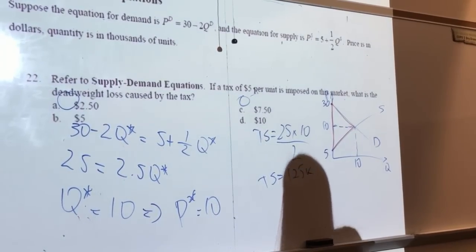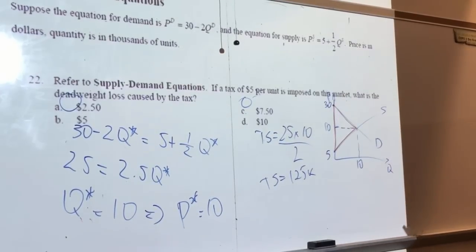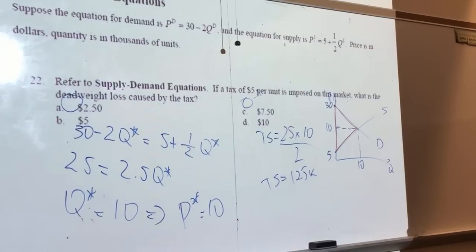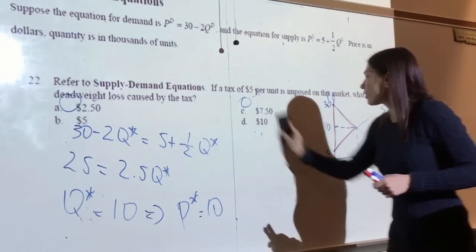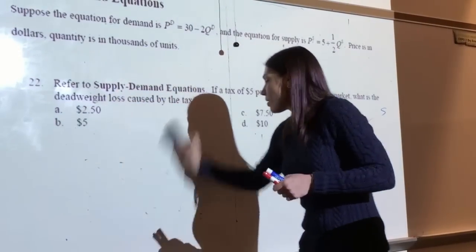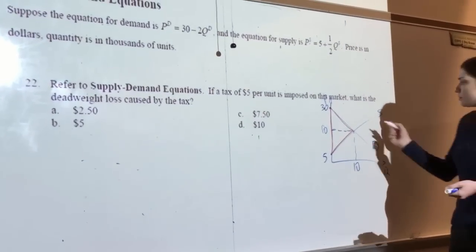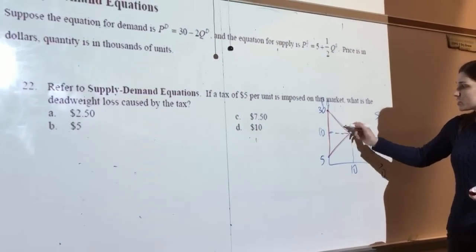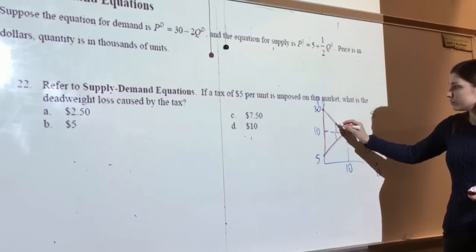Alright, same world. If a tax of $5 per unit is imposed on this market, what is the deadweight loss caused by the tax? Alright. So what do we know about the tax? The tax is going to be basically the difference between the demand and the supply curve.